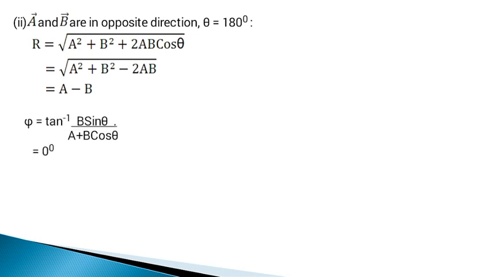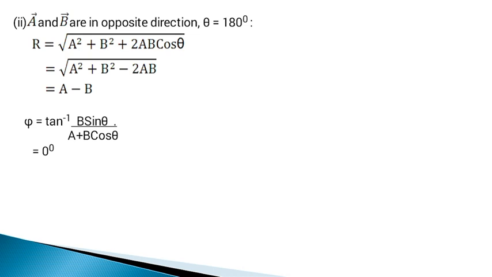Now what will be the direction of resultant vector? Again, direction is given by the same formula, and putting theta equals 180 degree in that formula, again we have sin 180 degree equals 0. So this will lead to phi equals tan inverse 0, which gives the result phi equals 0 degree.